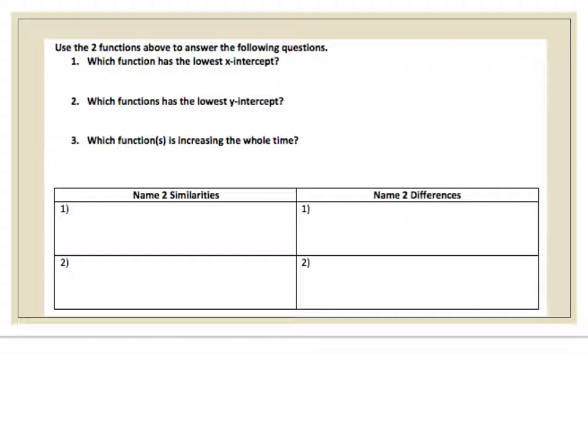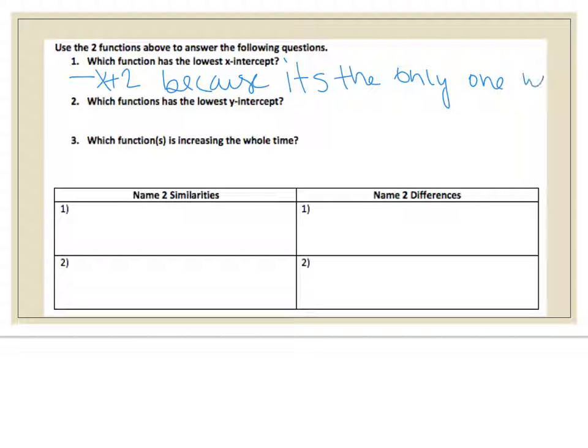All right. So at the bottom, it says use the two functions above to answer the following questions. Which function has the lowest x-intercept? I'm technically going to say the -x plus 2, because it's the only one with an x-intercept.